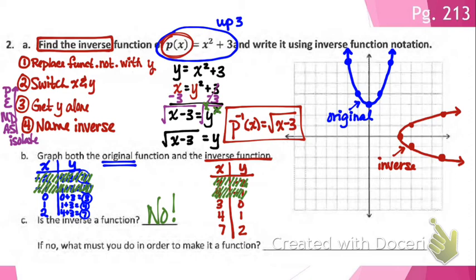On my inverse table, I got rid of the -1 and the -2 y's. On my original function, we got rid of the -1 and the -2 x's.